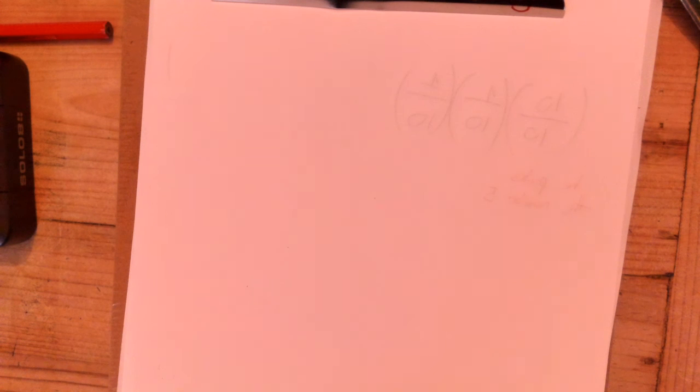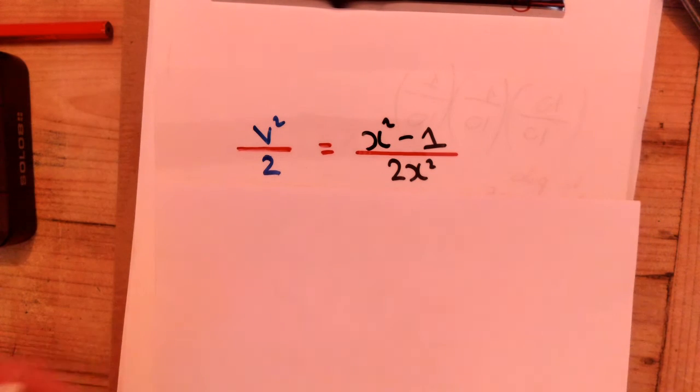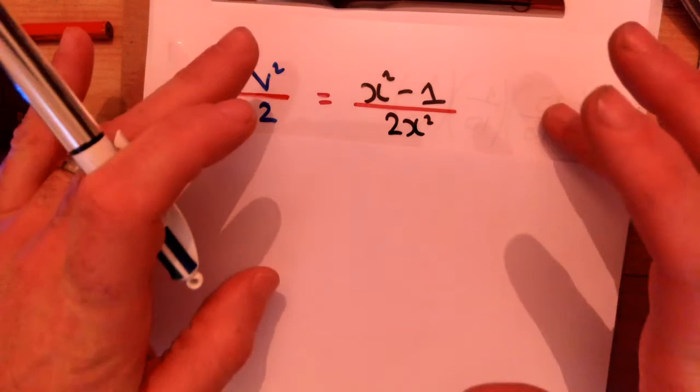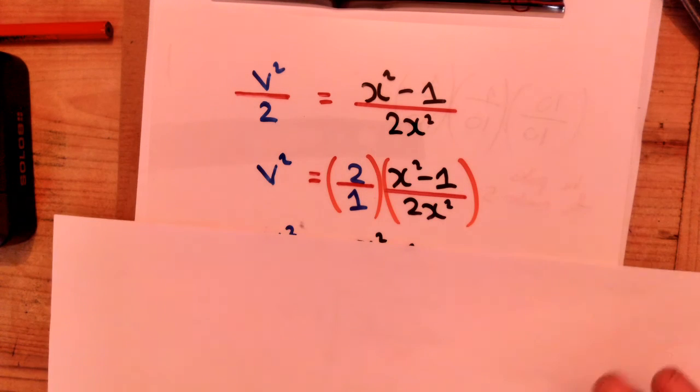So your v squared over 2 brings you down to here. Okay, so your v squared over 2, we have that then. Simplifying it all down, take your time with it.